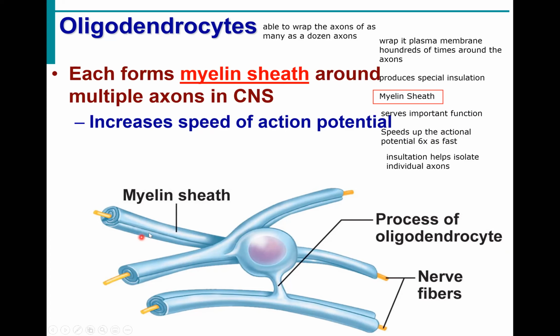If we start thinking about just how important it is to put this insulation to get this increase in speed, well, there are conditions in the body where our immune system can break down and damage this myelin sheath that is produced by the oligodendrocytes. Right? Our body defense cells, instead of attacking other things, attack us, and they attack this myelin sheath, producing a whole lot of cracks and damage in this, and it disrupts the function of our axons.